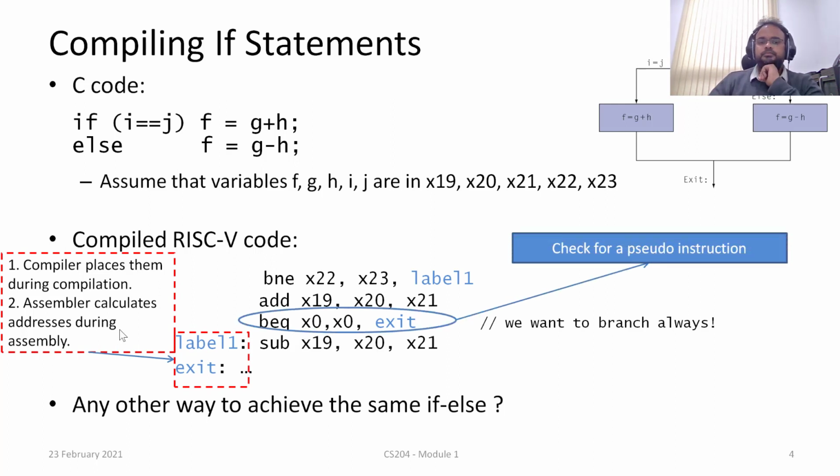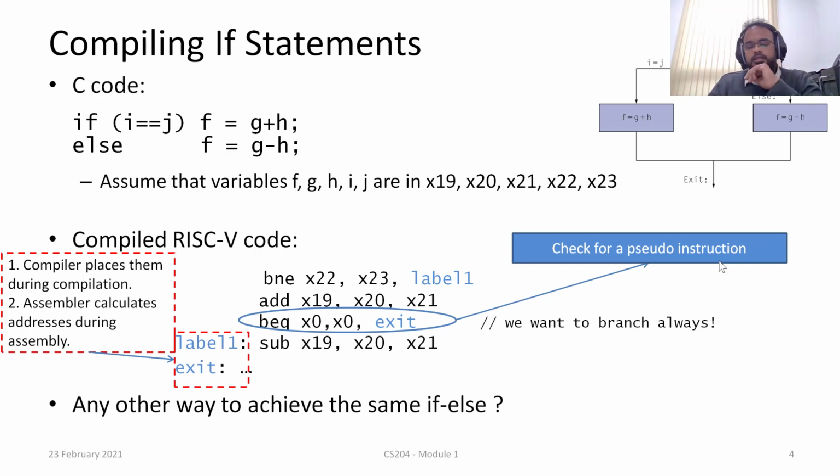So the BEQ x0 x0 exit, right? We have a pseudo instruction also. I'm going to speak about the pseudo instructions a little later, but in RISC-V, there are some pseudo instructions which are not standard instructions.